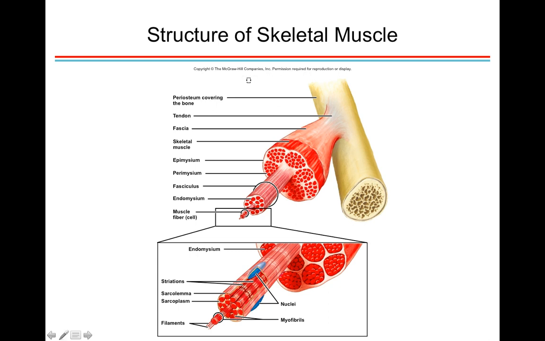And then as we go up into the more gross level, we see here's one cell. Each of those little red areas represents additional cells, and then these are bundled into bigger groups. Right, here's a bundle, and there's several of these bundles, and each bundle is comprised of many muscle cells.